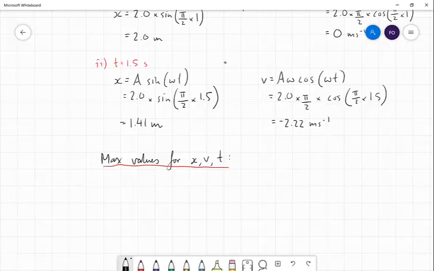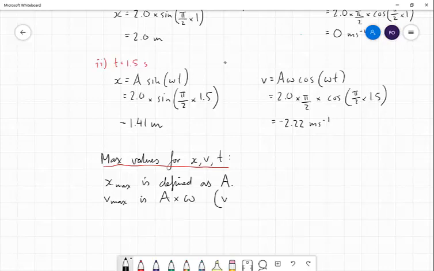Let's just go: x max is defined as a. That's the biggest value that the displacement ever takes. V max is a times omega, and I'll show you why briefly.